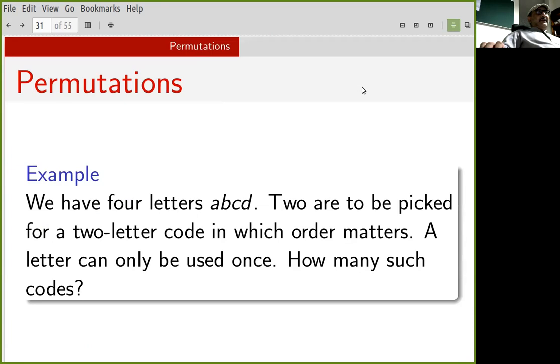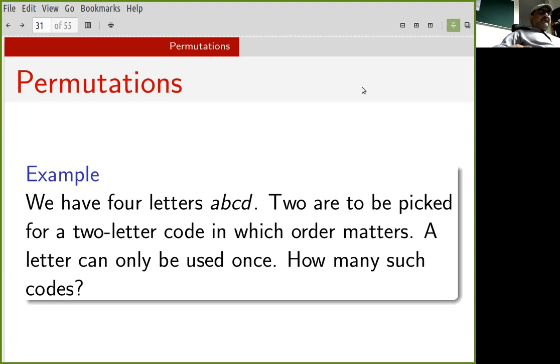Continuing with the same example, we have 4 letters, A, B, C, D. 2 are to be picked for a 2-letter code, and the order matters. A letter can be used only once. For the first step, I can pick 4, and for the next step, I could pick 3.